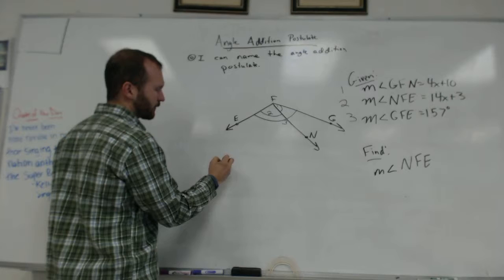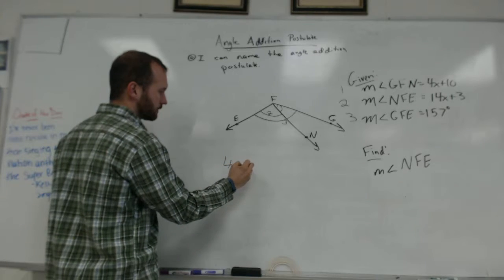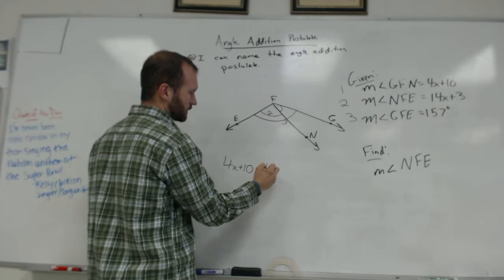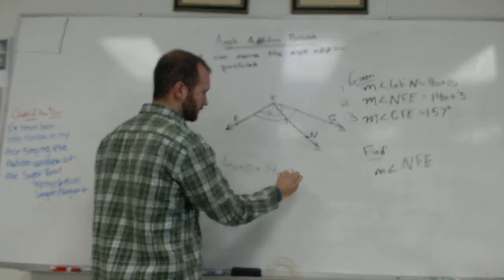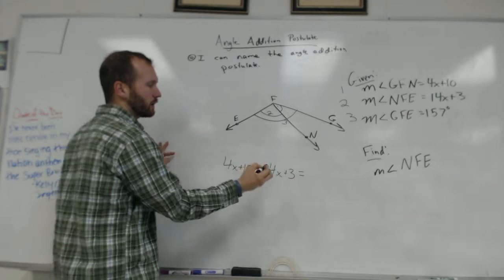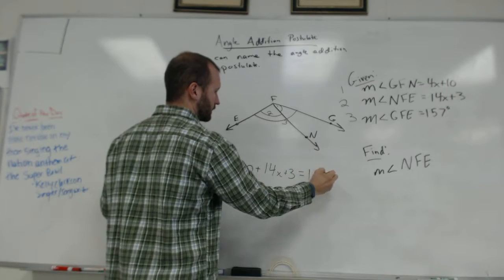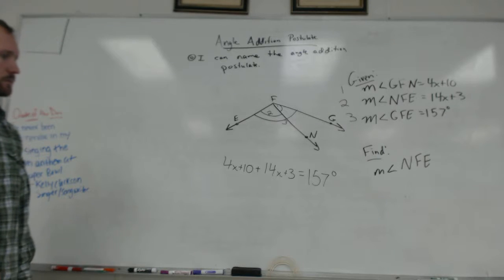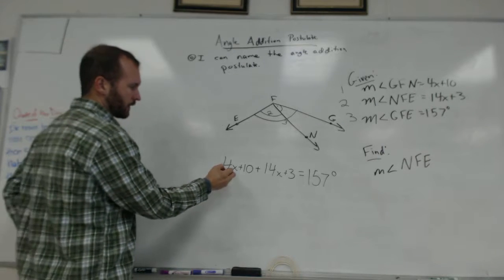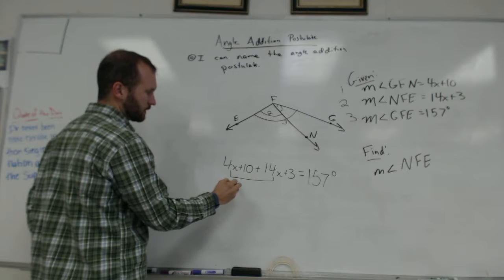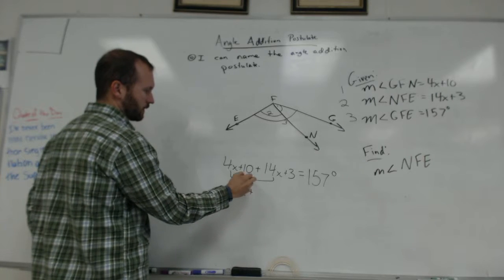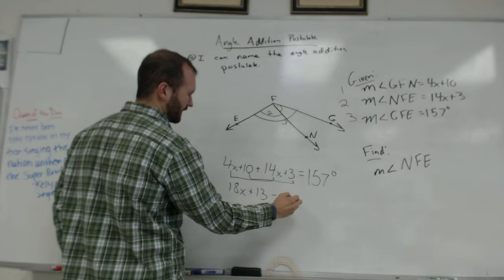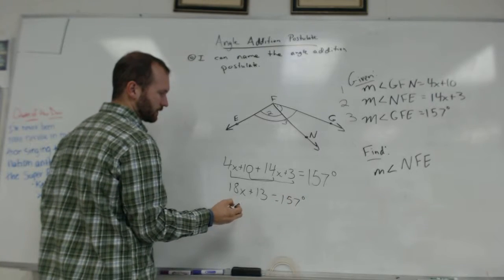So 1 is 4x plus 10. 2 is 14x plus 3. Has to equal 3, which is 157. Can combine like terms. So we have 18x plus 13 equals 157.